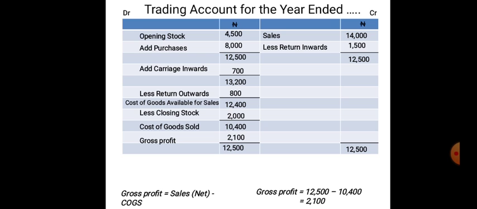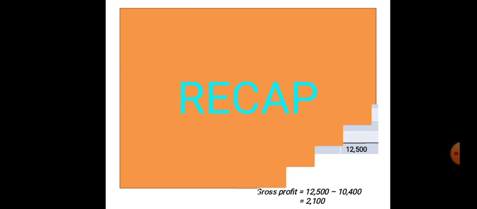Do you understand? Good. So I draw the curtain at this juncture. Today, we have discussed a trading account, and we know that the purpose of preparing a trading account is to determine the gross profit or gross loss for the period.